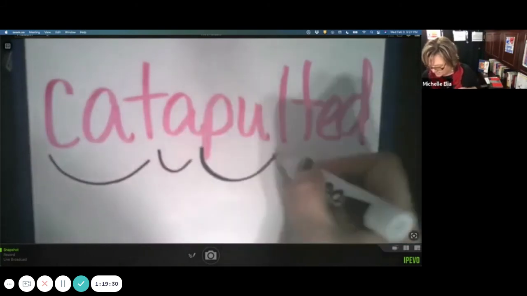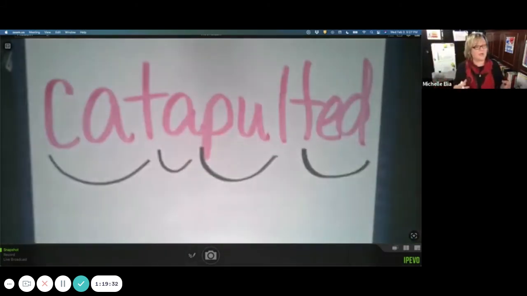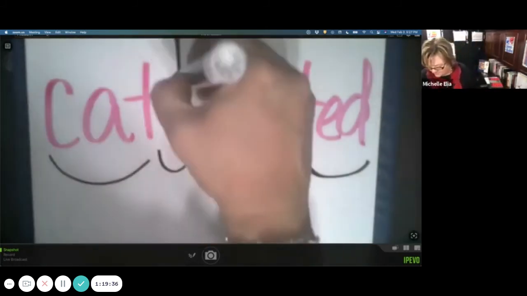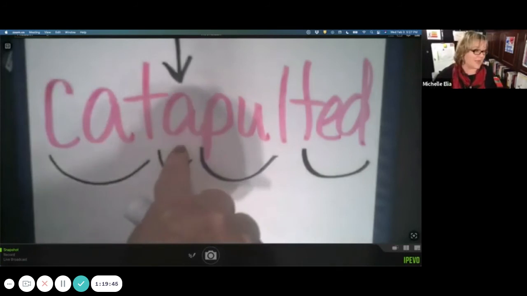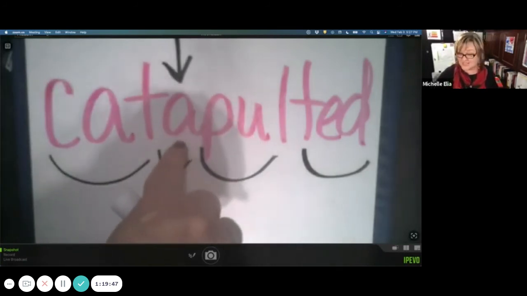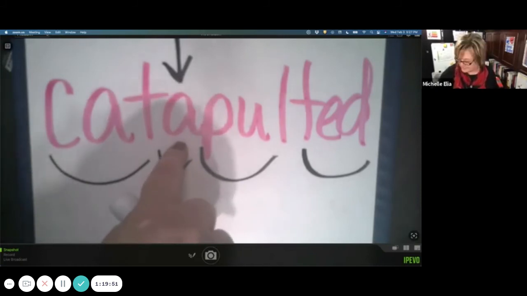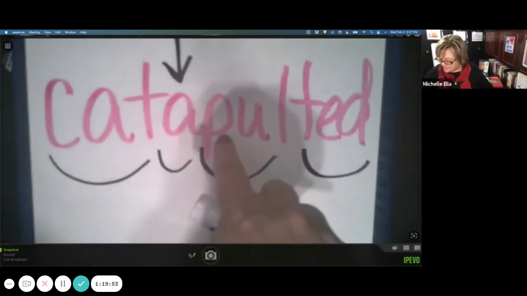Catapulted. And we can talk about the different components of orthography. For example, how we have this wonderful schwa syllable here. It's represented by the letter A, but the sound is not a long A sound like it should be, it's just a schwa. So catapulted.